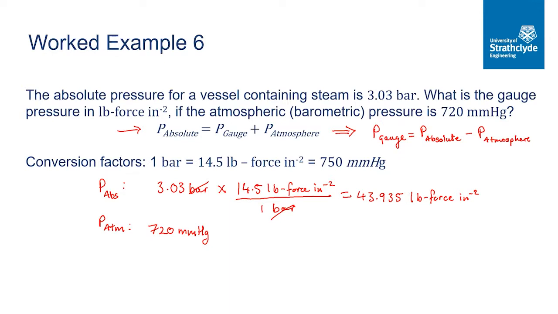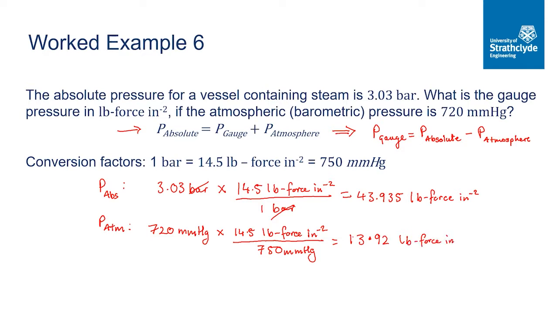So we're going to multiply again by 14.5 pound force per inch squared, and we're going to divide by our 750 millimeters of mercury. Now, doing the calculation there, we obtain an atmospheric pressure of 13.92 pound force per inch squared.